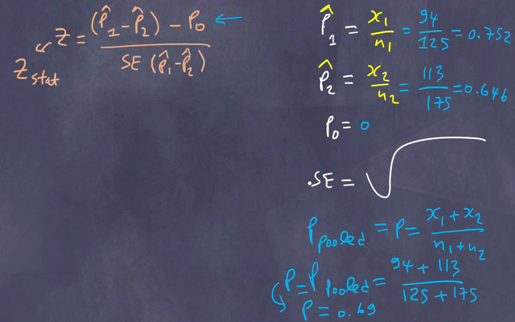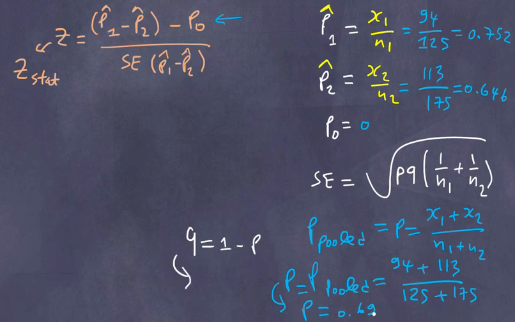So the formula is P pooled times Q pooled, where Q is 1 minus P, in brackets 1 over N1 plus 1 over N2. Okay, Q equals 1 minus P. So if P is 0.69, Q is 1 minus 0.69, and that's 0.31.